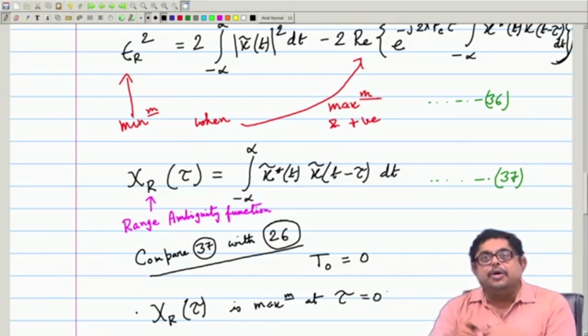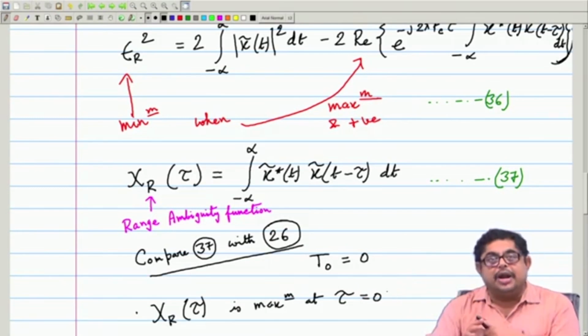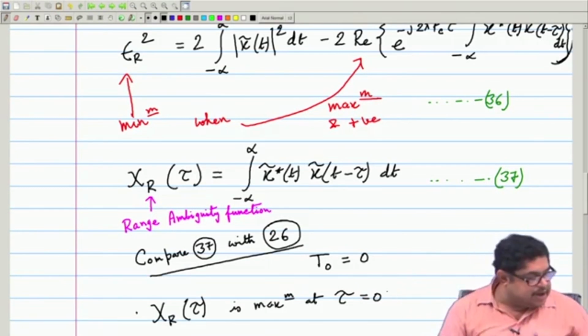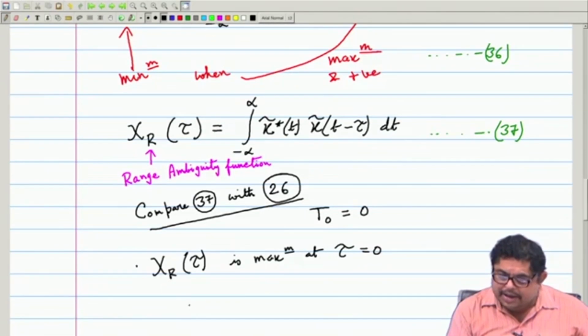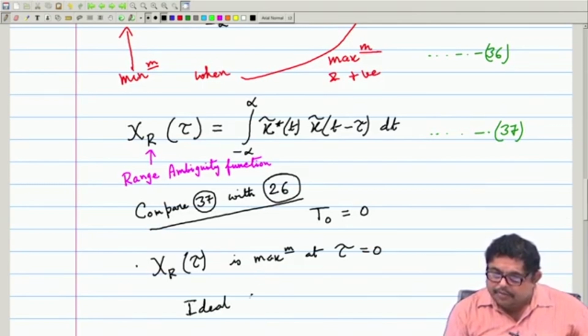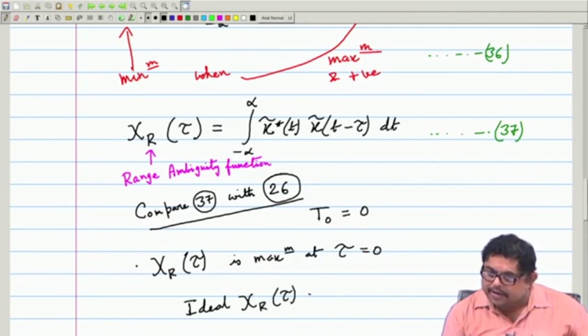Autocorrelation at that time will be called cross correlation, and it will be very low, and I will be saying no, there are two targets. So, ideally, I can now say that this range ambiguity function is a delta function.